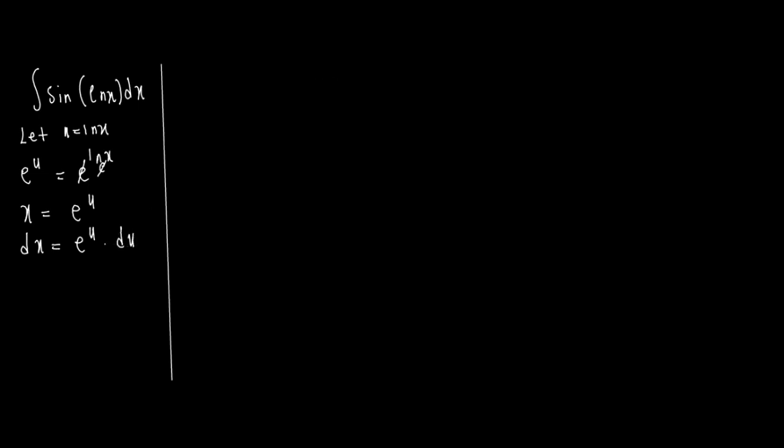So our whole problem will change this time. Because if it is like this, we cannot apply integration by parts. So we have to simplify. So we'll have sine of, what is ln x? ln x is u.